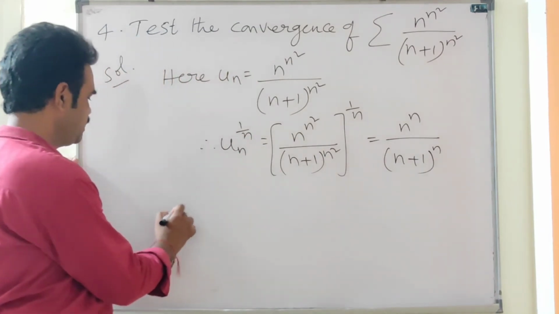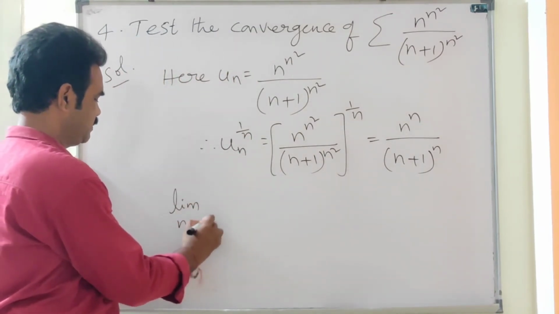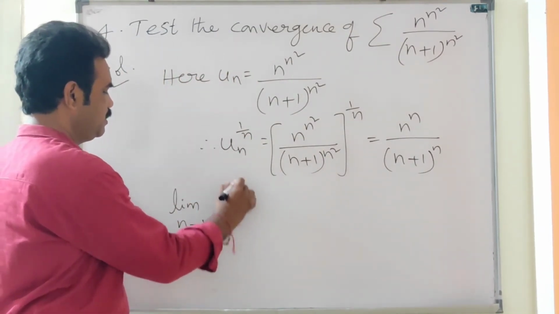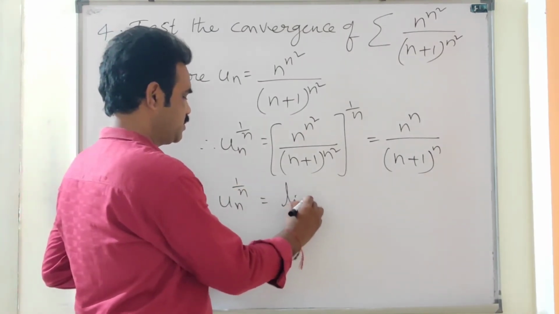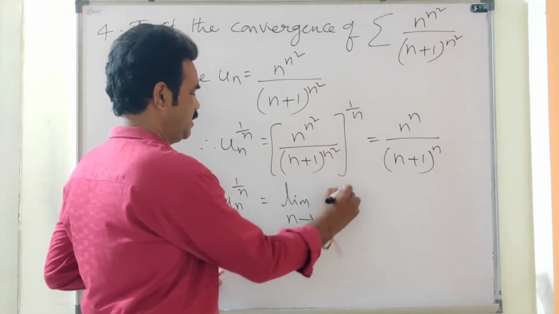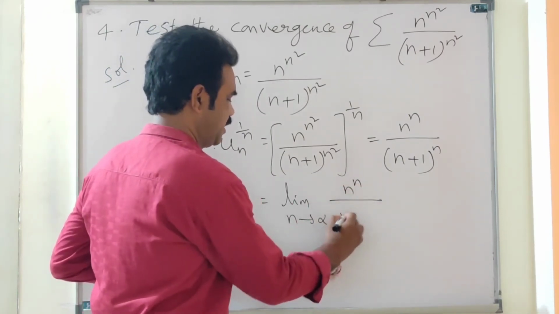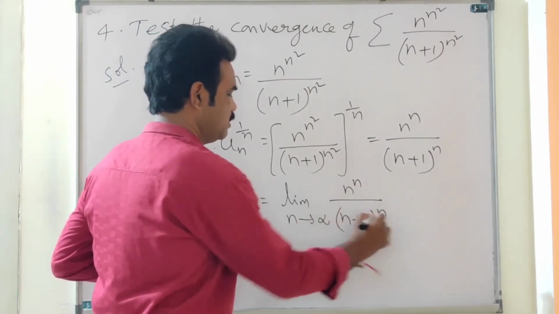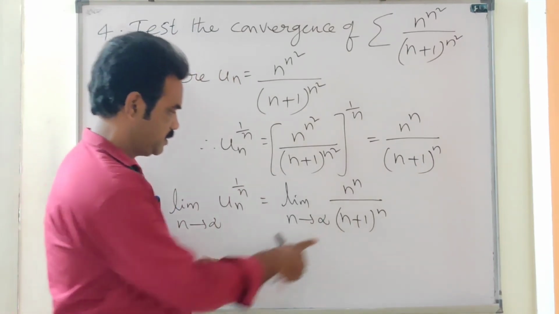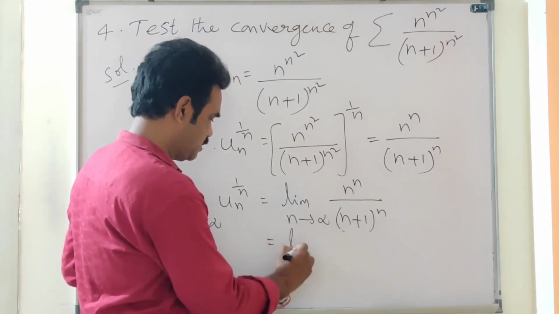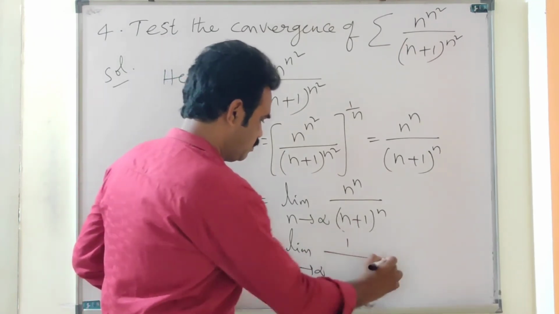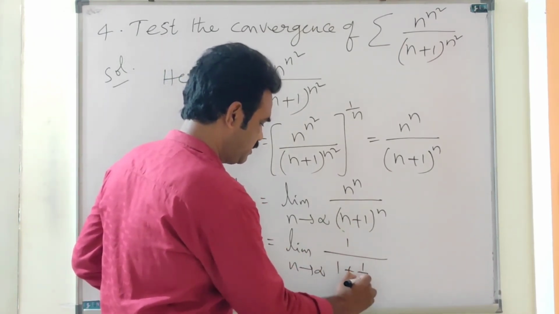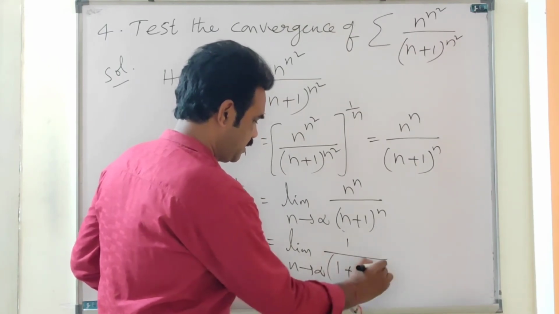Now the limit as n tends to infinity of un power 1 by n is the limit of (n power n by (n plus 1) whole power n). Now take n common here, this becomes the limit as n tends to infinity of 1 by (1 plus 1 by n) whole power n.